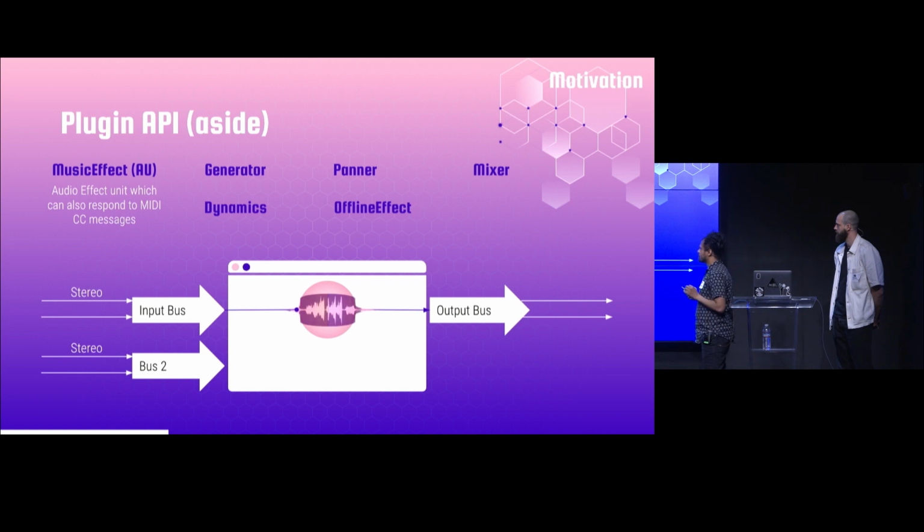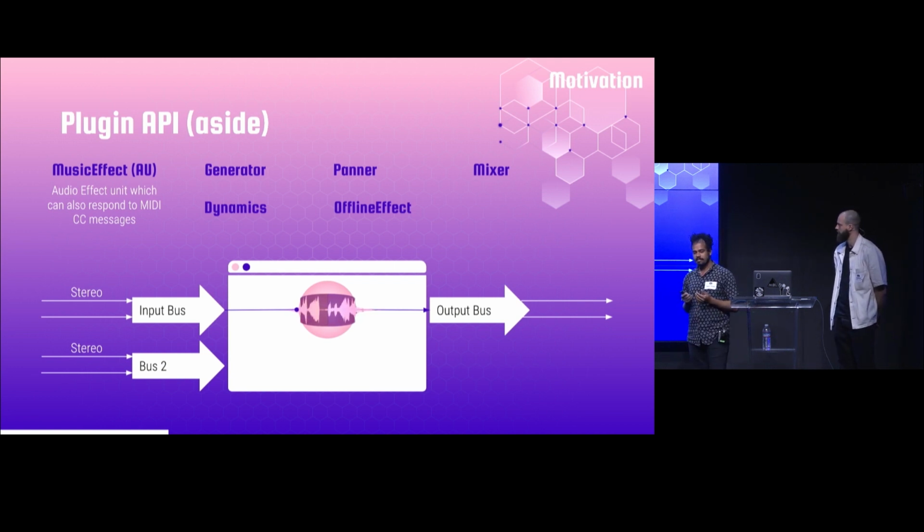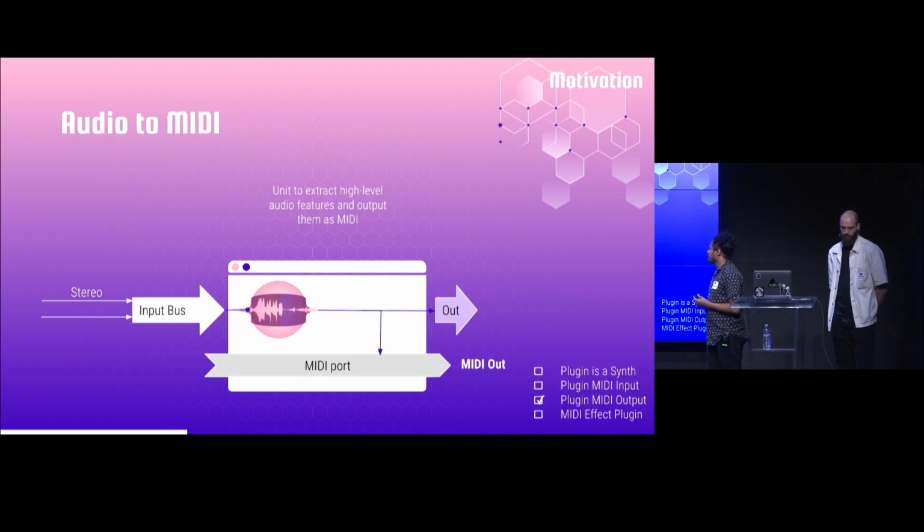I do want to mention that it's important to classify these plugins because we are building these tools for musicians and for producers. So it's good for these tools to be intuitive for them to understand what they are going to do. But the crux of this talk is this type of plugin where we take a stereo input in, and we want to produce output as MIDI.